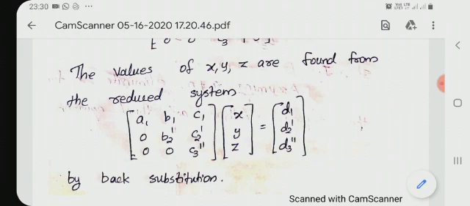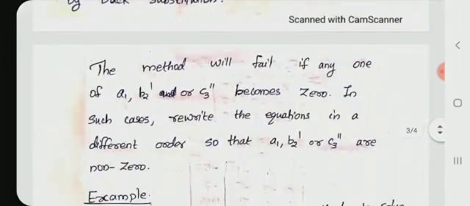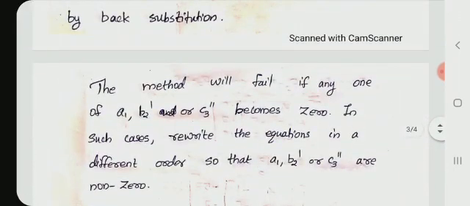In the same way, we can find the solution of a system of equations in 4 unknowns, 5 unknowns, etc. The method will fail if any one of a1, b2 dash or c3 double dash becomes 0. In such cases, rewrite the equations in a different order so that a1, b2 dash or c3 double dash are non-zero.